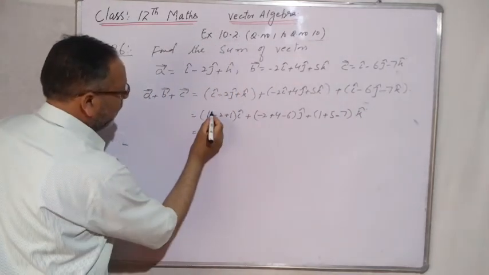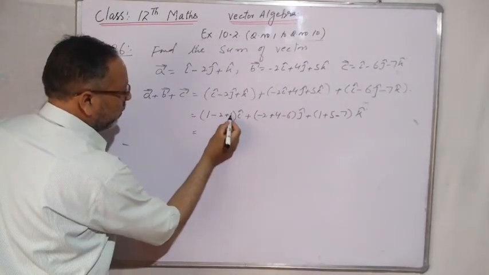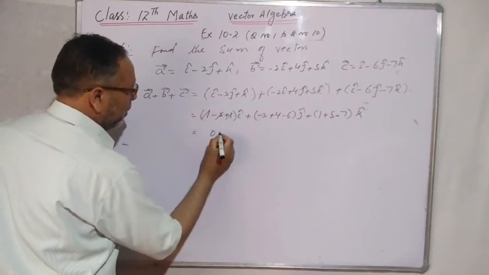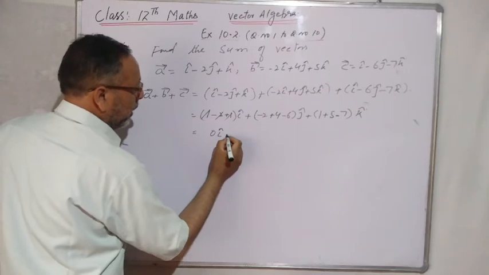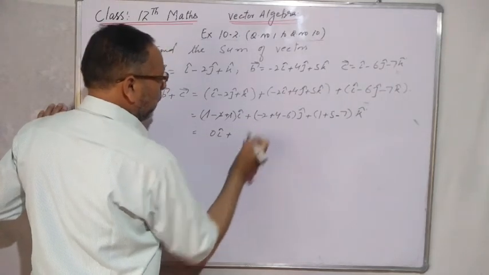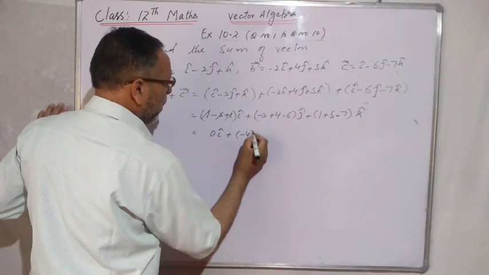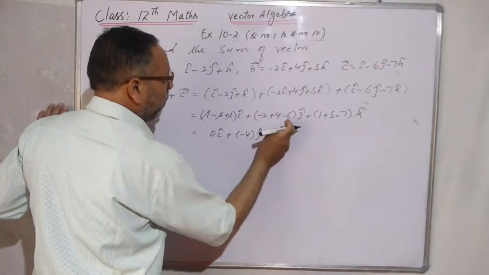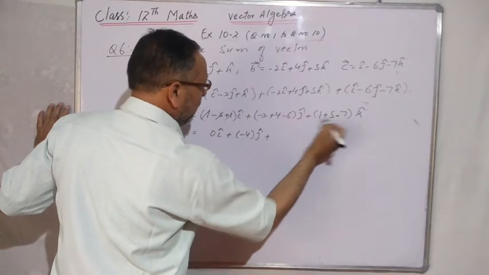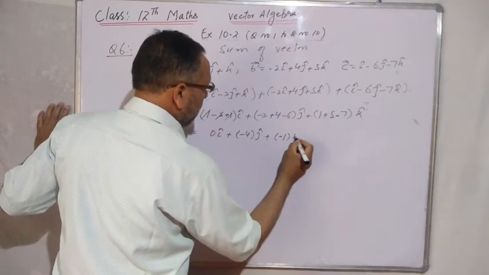So 1 minus 2 is minus 1, minus 1 plus 1 is 0, so it is 0 I cap. Then minus 2 plus 4 minus 6 is minus 4 j cap, plus 1 plus 5 minus 7 is minus 1 k cap.